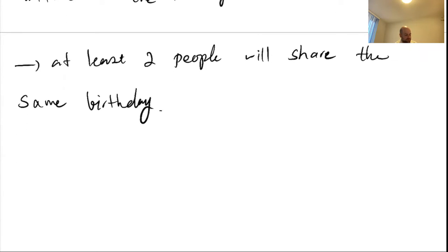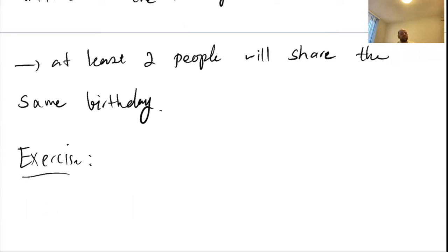Let me give you a similar exercise here. What about months? How many people do I need in order to be sure that at least two of them share the same birth month instead of birthday?